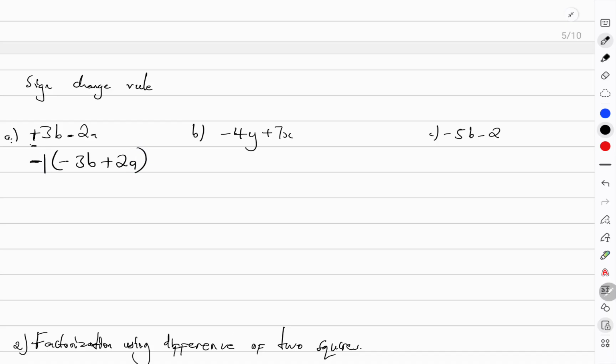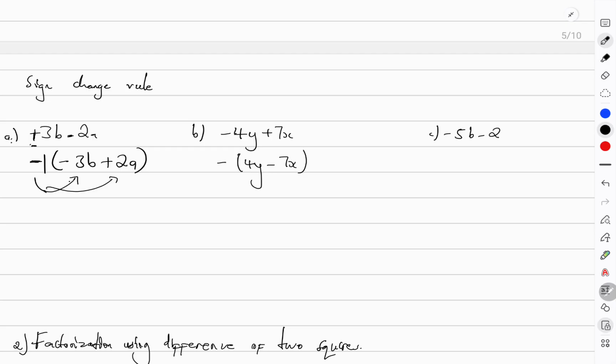Yes, it is. Because if there was a coefficient of 1, negative 1 multiplied by negative 3b is going to give us positive 3b, and negative 1 multiplied by 2a will give us negative 2a. That is what a sign change rule refers to. Therefore, here I'm going to have a negative. Therefore, I'm going to have 4y minus 7x, right?